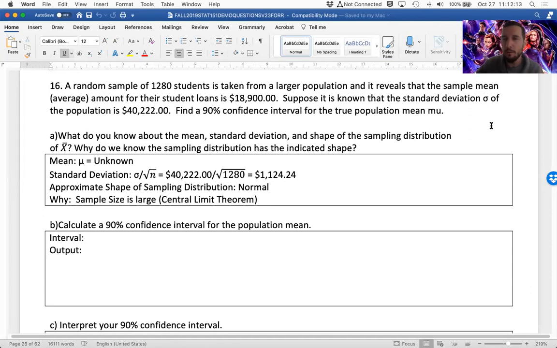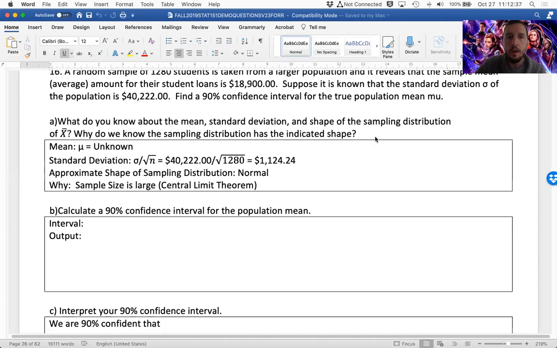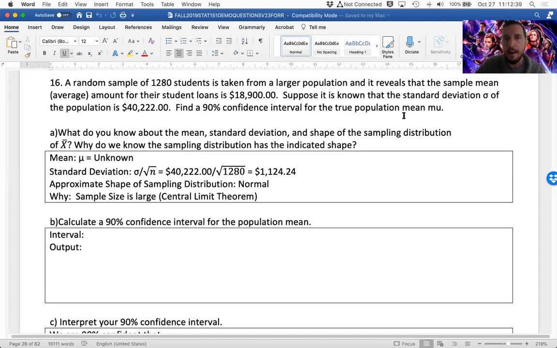Your average is about 18,900, but that varies by $40,000 around the mean, which implies there must be a lot of zero values, and values as high as around 60,000. So this distribution is almost certainly skewed, as financial data tends to be. We want to find a 90% confidence interval for the population mean. That's the goal of our problem.